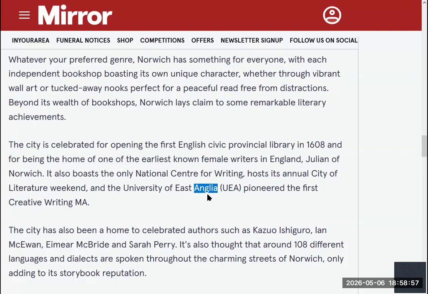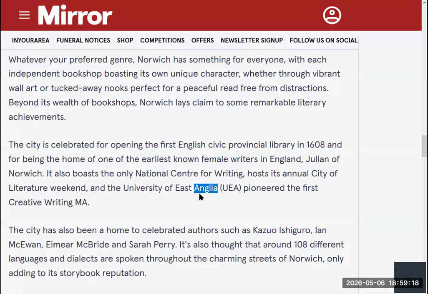So Anglia and England are basically the same origin. In our language, we use Anglia for England. Ah, that's interesting. So it's basically another version of England, you could say.